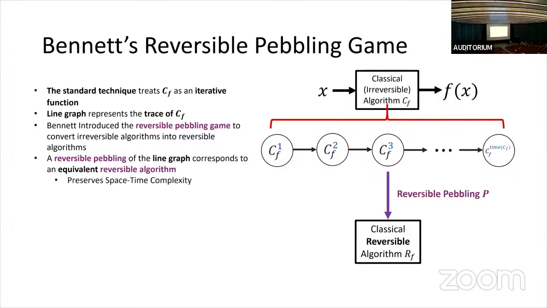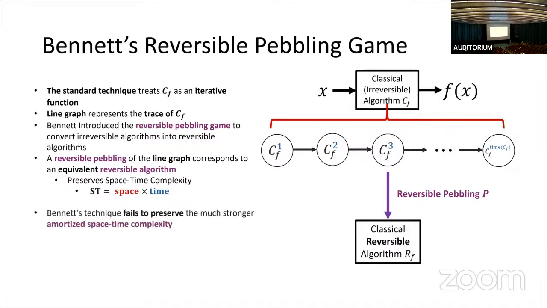So Bennett's pebbling is nice because it preserves space-time complexity, which is the maximum space usage times the time. Soon we will learn how to reversibly pebble. But Bennett's technique fails to preserve the metric we're interested in, which is the much stronger amortized space-time complexity.